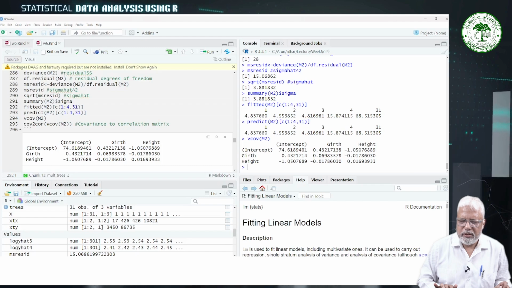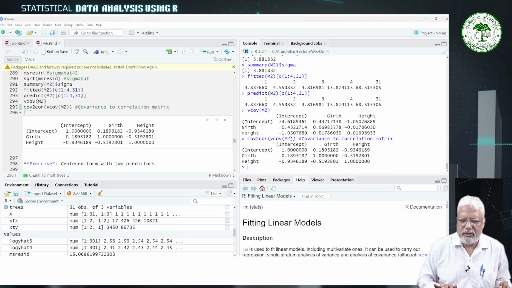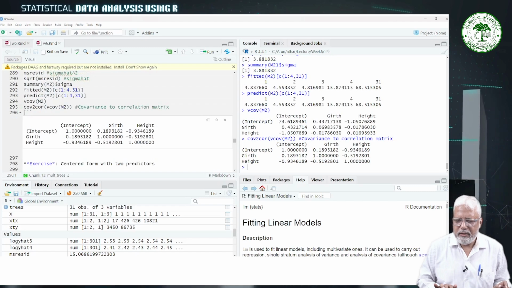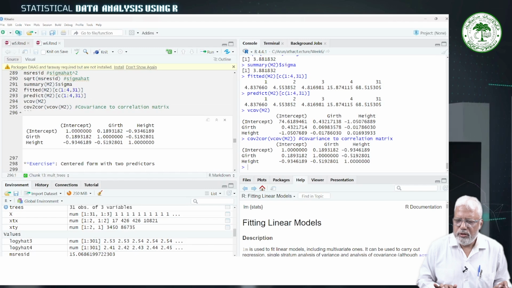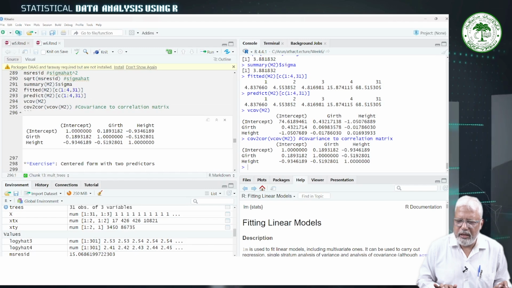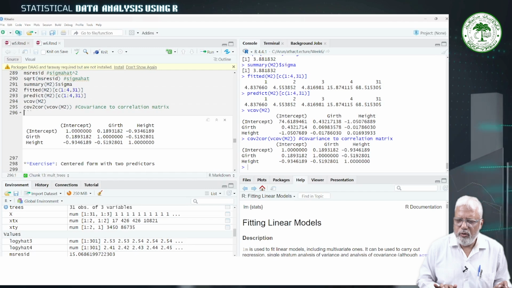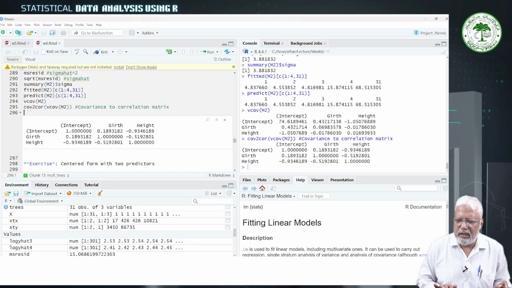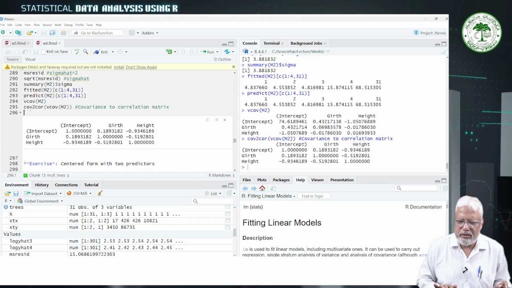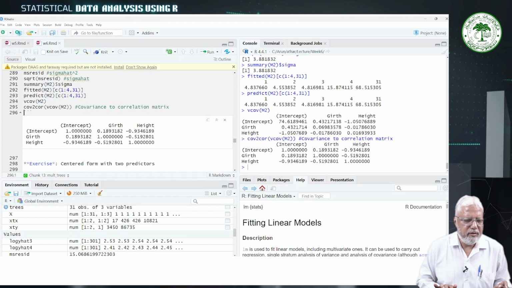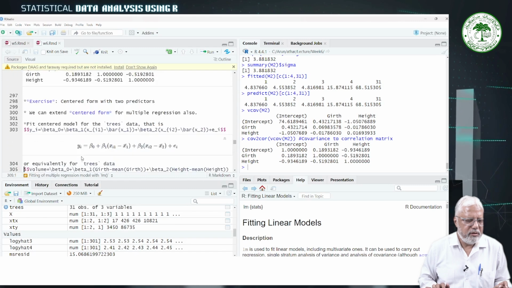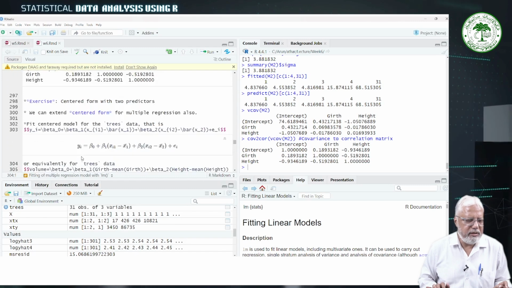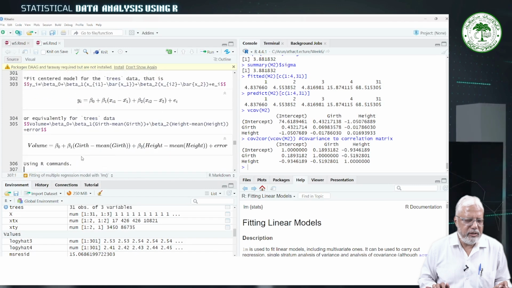If we compute the correlation matrix, again beta naught and beta 2 are highly correlated, whereas there is somewhat less correlation between beta naught and beta 1, but there is high correlation. So, if we look into the centered form of the model, we will define it like this, and we can fit this.